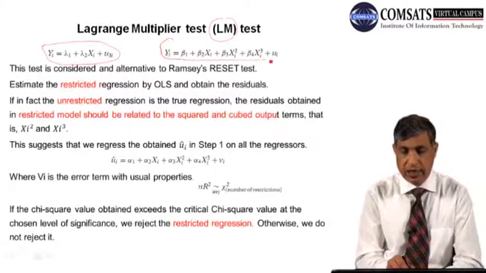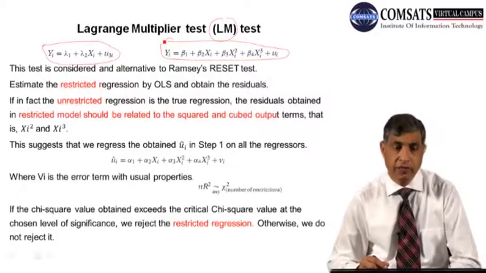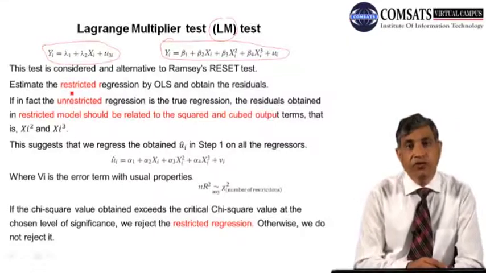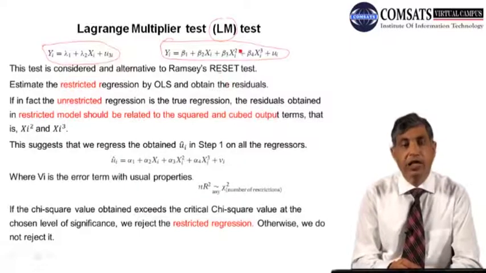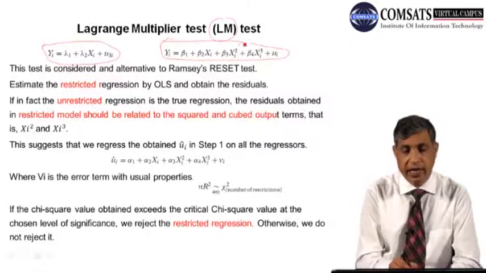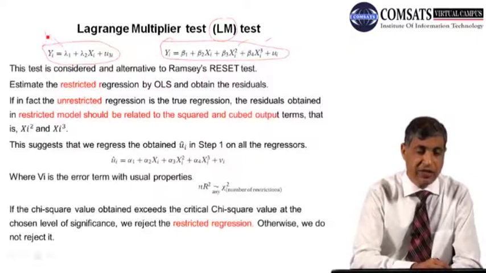There is a difference: on the right-hand side there is a large number of independent variables, but on the left side there is only one independent variable, and the relationship is linear. Here the relationship is non-linear because the same variable is included as a square and a cubic term.